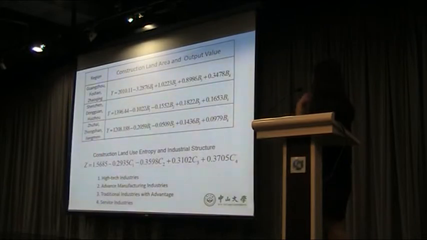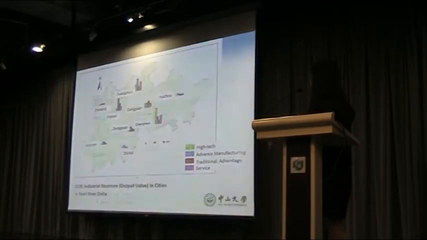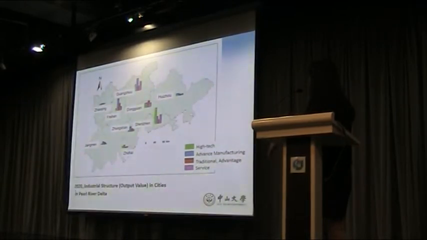If we know the relationship like this, then we can predict our land use in the future. So we got the projected industrial output value in the cities for the 9 cities in the Pearl River Delta. We can see that cities like Guangzhou or Shenzhen are pretty high-tech and advanced manufacturing oriented.